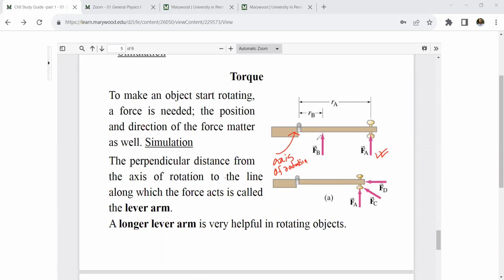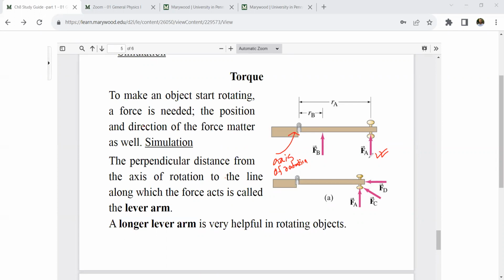We can easily rotate the door if we apply a force here. So to understand torque, the first thing we need to understand is that rotation is involved.